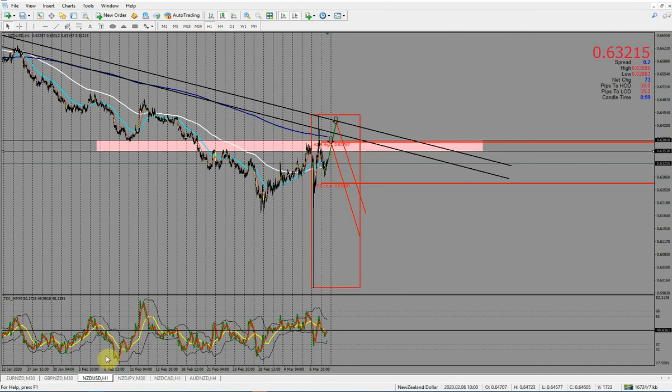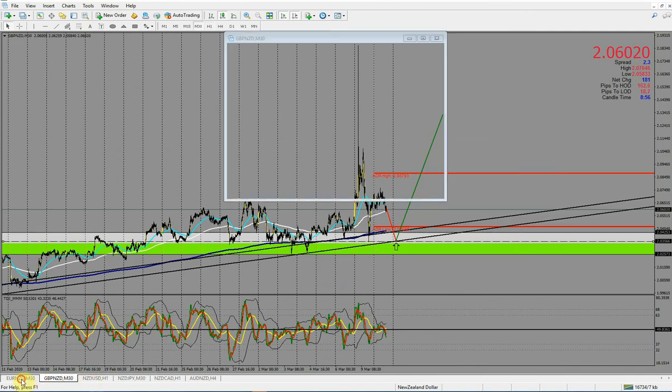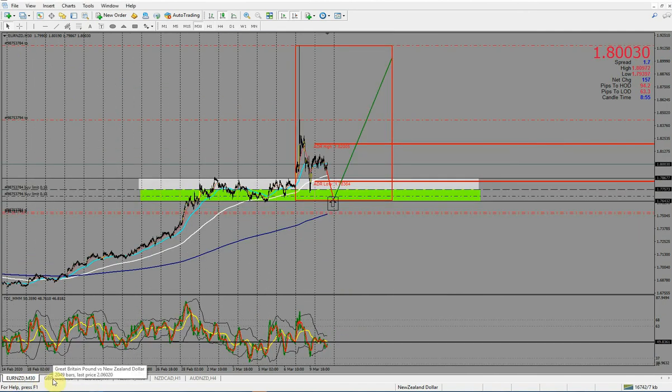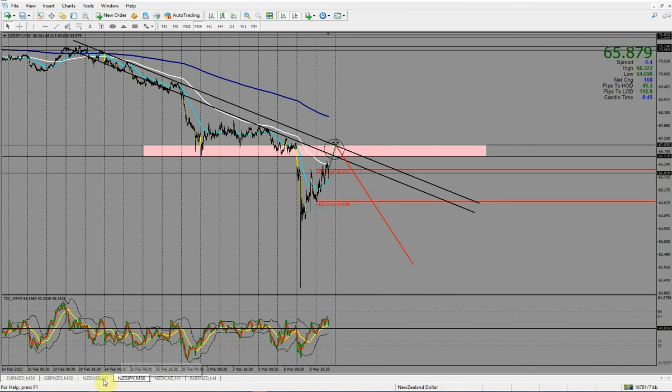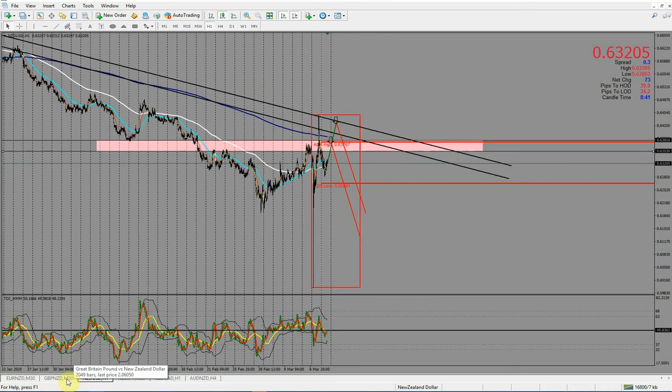Because it's very risky to put all your eggs in the same basket. So I'm saying that you don't have to trade buy EUR/NZD, GBP/NZD, and sell NZD/USD and NZD/JPY. You can just choose two here, or just one, for the sake of safety.